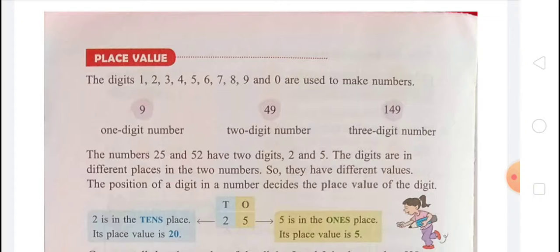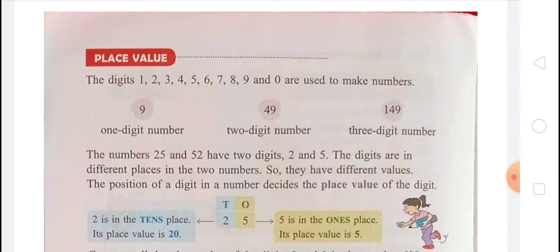After that we learned numbers up to 999. In this topic we learned forming numbers up to 999, place value, expanded form of numbers, and comparing numbers. After that we learned addition and subtraction of bigger numbers: adding 2-digit numbers, adding 3-digit numbers, subtracting bigger numbers, and story sums.